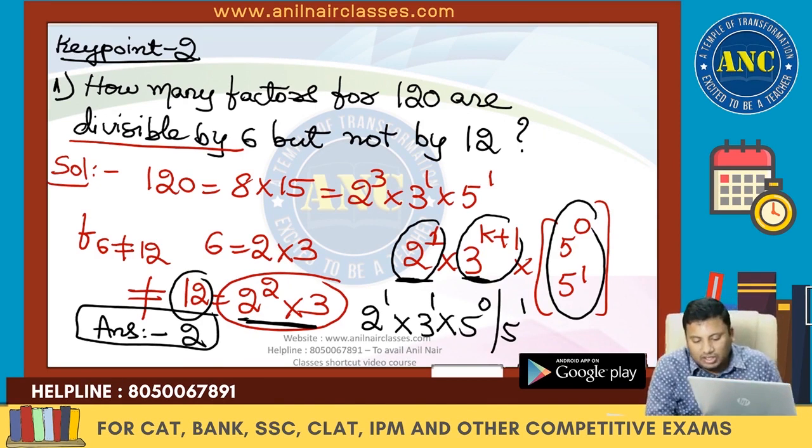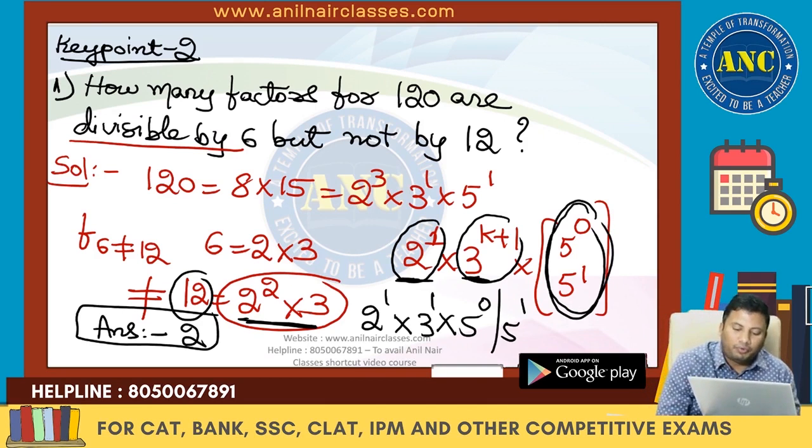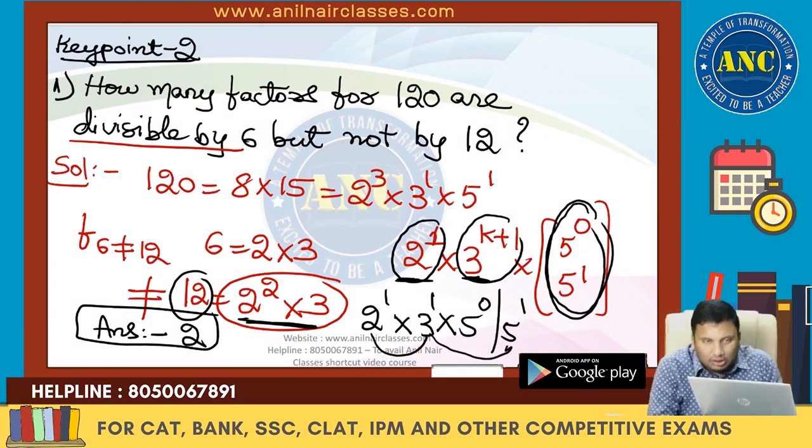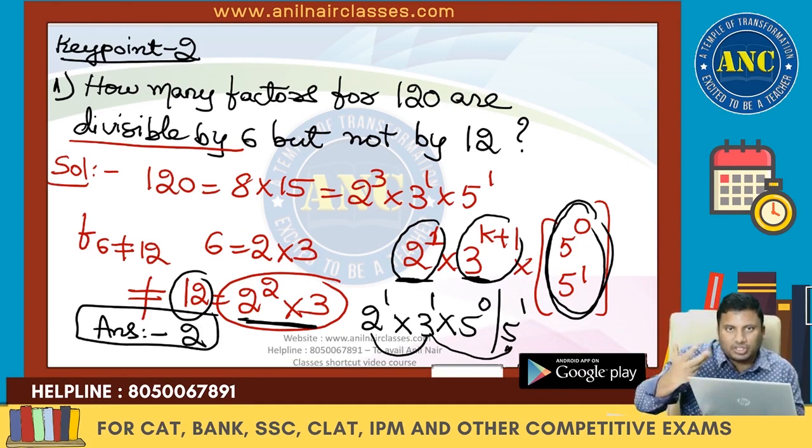There is no restriction on 5, so it is 5 power 0 or 5 power 1. If you see, 2 into 3 is 6, 6 is divisible by 6. 6 into 5 is 30. 30 is divisible by 6 but not by 12. 2 more questions which we will solve, then the idea will be extremely clear to you. I hope it is clear. Next one.